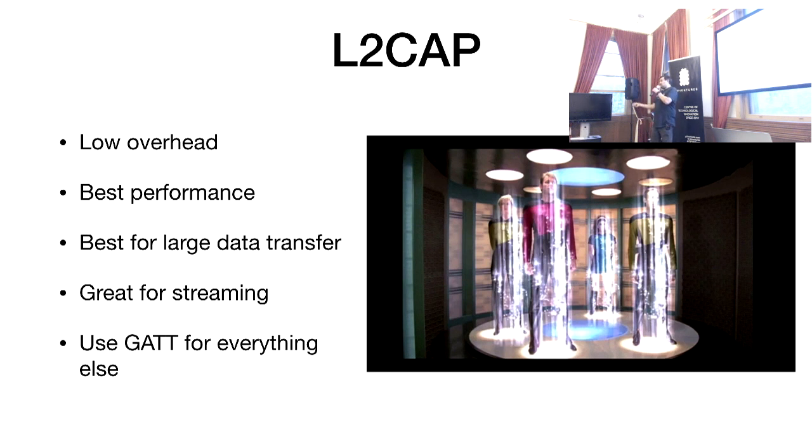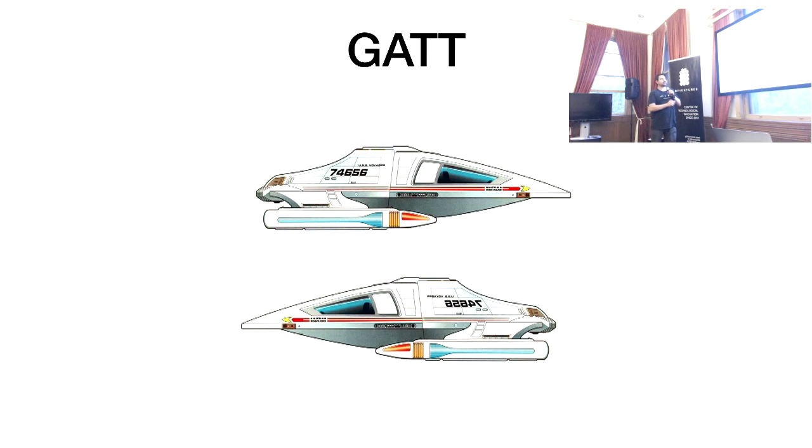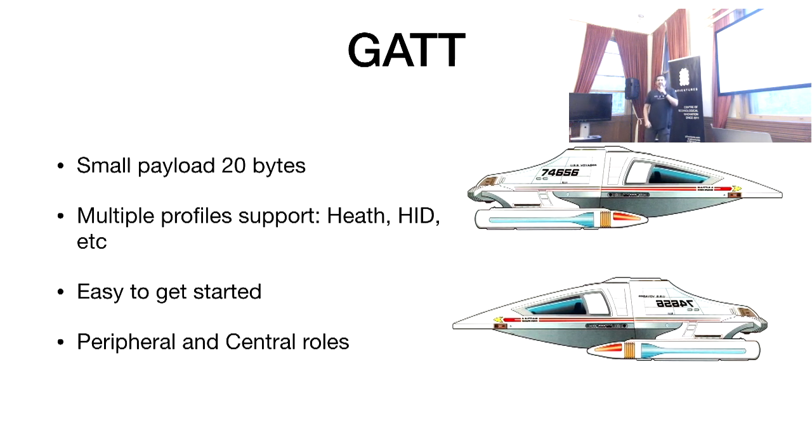It's also great for streaming because, as I was saying before, you just send bytes and receive bytes. But for all the rest of the stuff, it's much easier to use GATT. GATT is more like a shuttle. You send smaller payloads, it's a bit safer, and there's a lot of stuff already predefined that helps you a lot.